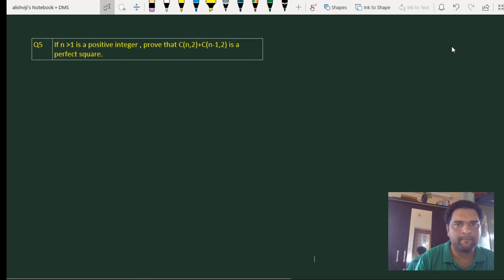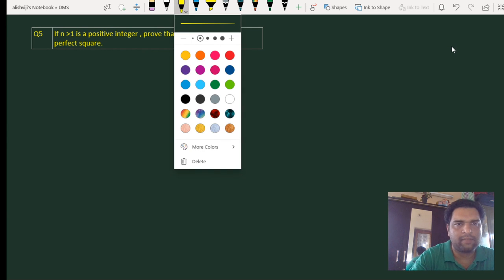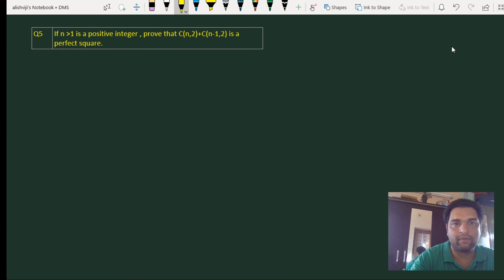If n is a positive integer, then prove that nC2 plus (n minus 1)C2 is a perfect square. It seems to be a tricky one, but it's not that tricky. It is a straightforward one actually.